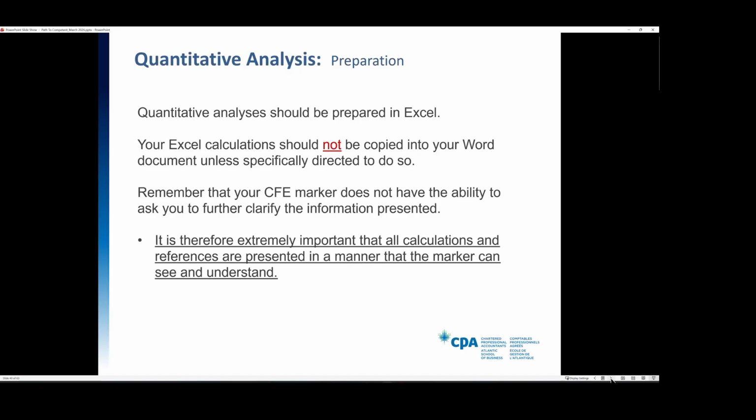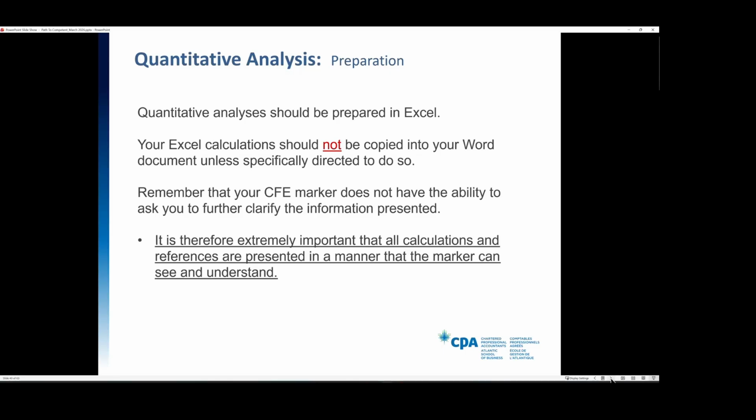I want to highlight this very important fact. Remember that your CFE marker doesn't have the opportunity to ask you to provide further clarification. They can't send me a text or an email or a message and say, Debbie, how did you arrive at that number under the initial investment? You have $1 million. What did you include that ended up resulting in that input number?